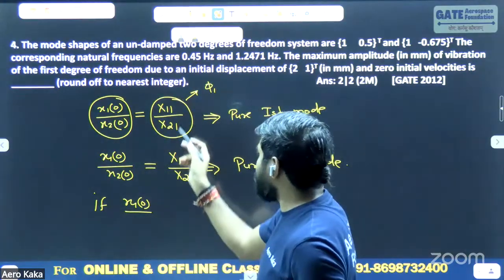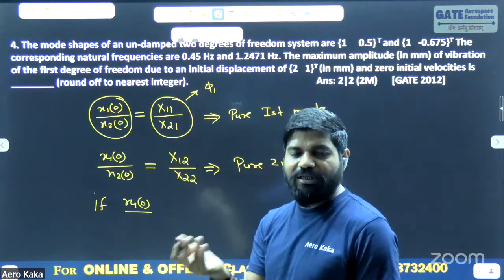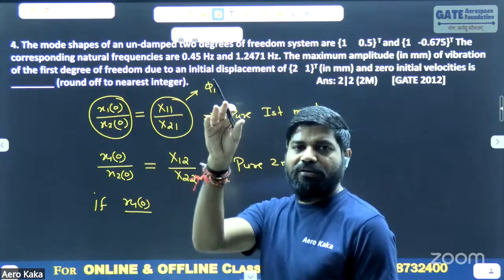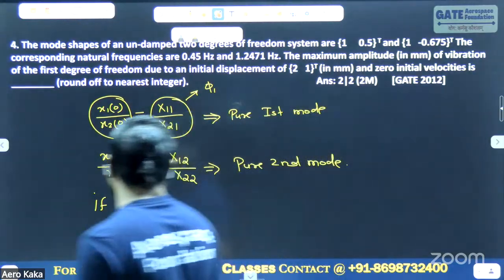Then I have to write this one as x21 upon x11 only. It depends on which ratio is given, 1 and 2 or 2 and 1, so we have to take care of this.